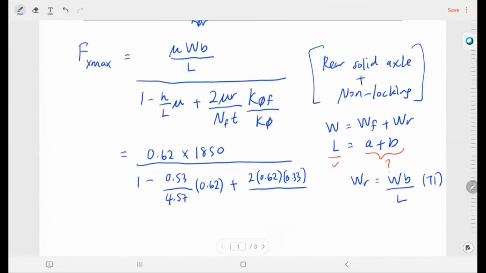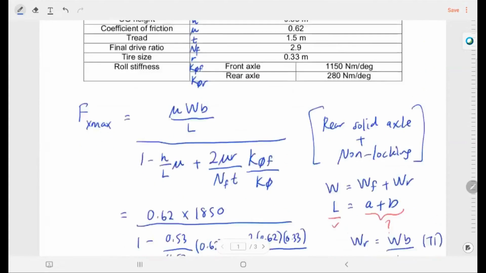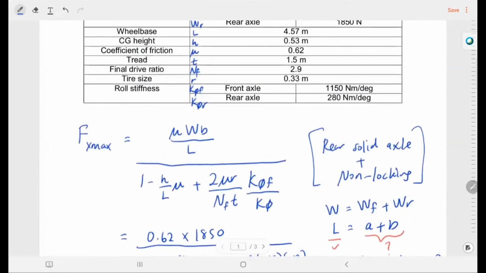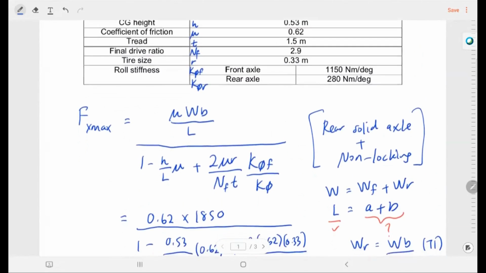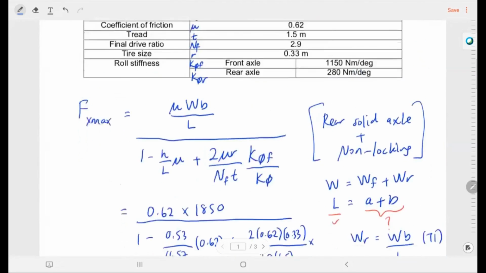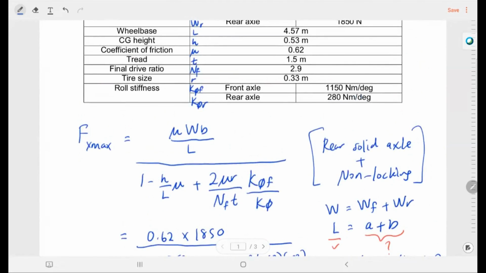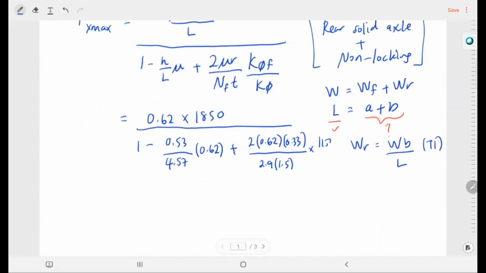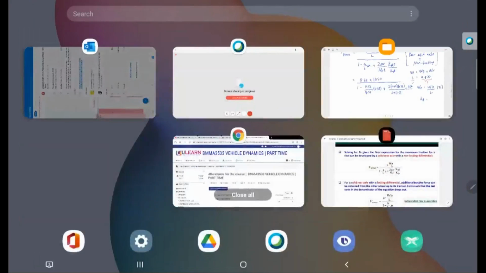over NF final drive ratio 2.9, rate 2.5 darab roll stiffness at front axle 2150 over K phi. K phi ni ialah, refer back to lecture note.